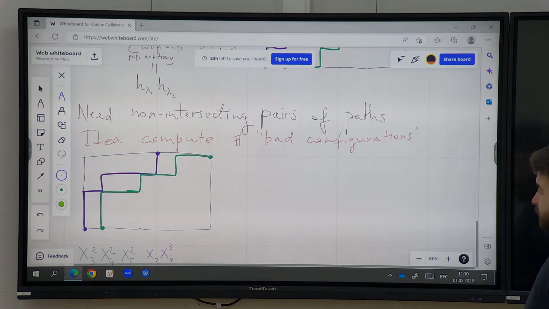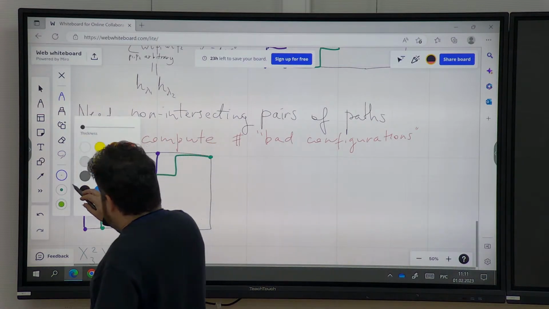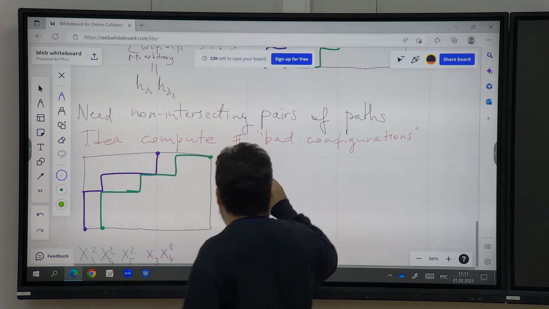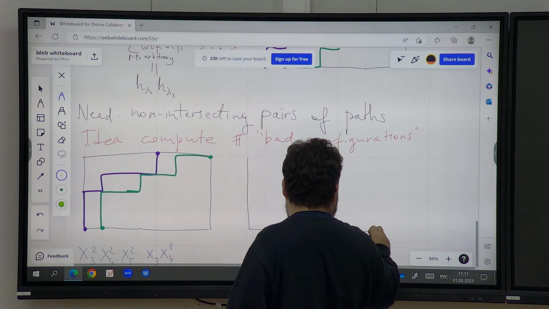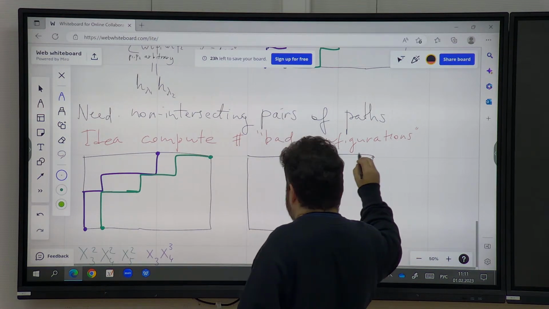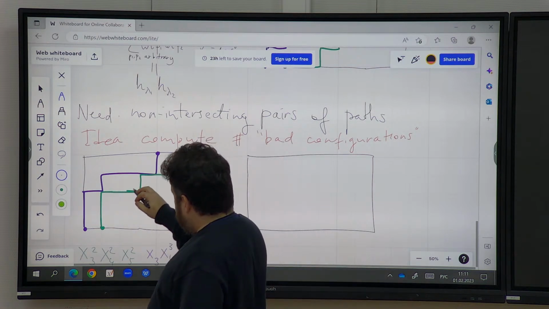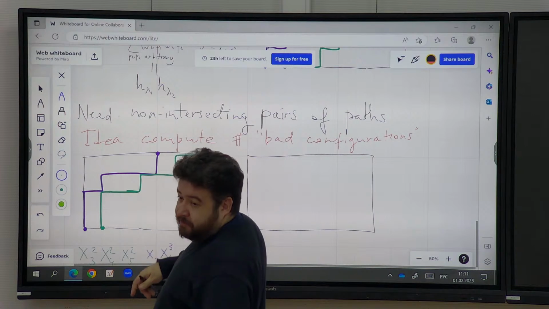The trick is as follows. Let me take my board and my two drivers going from these two points to these two points respectively.